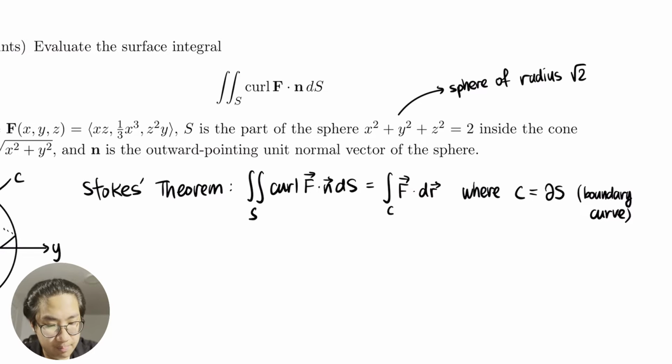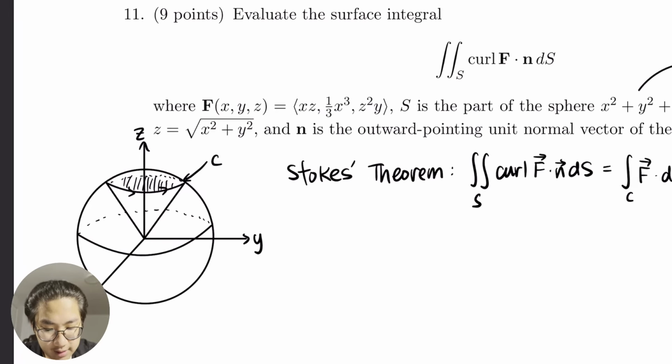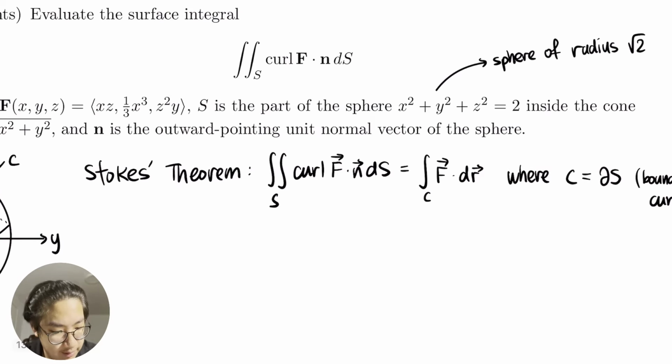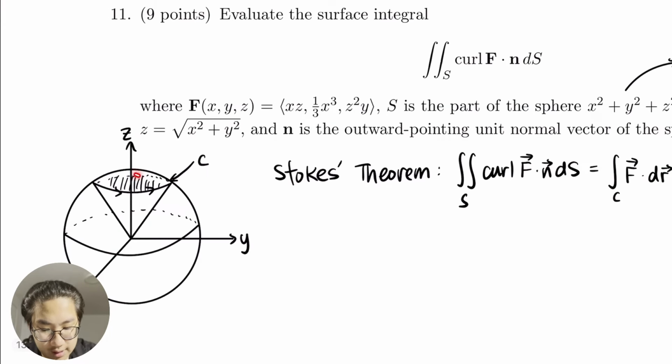Our surface in this case is actually the cone, but the boundary curve is just C over here, like that.